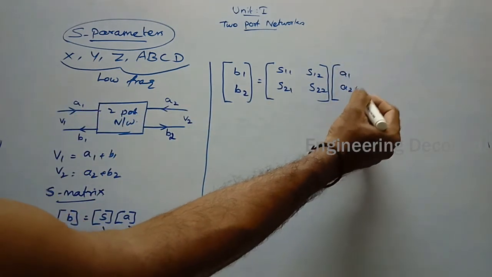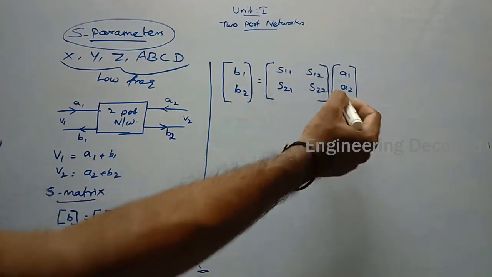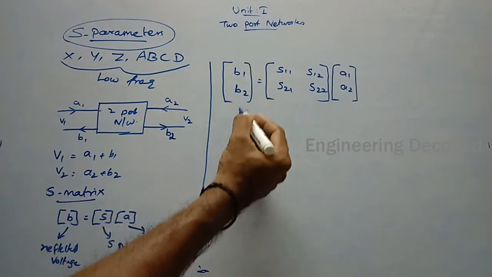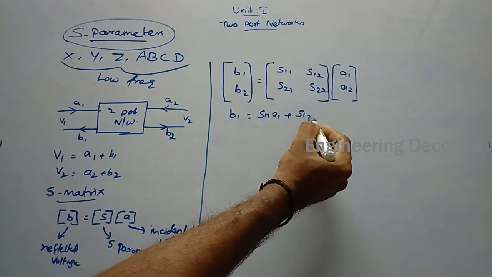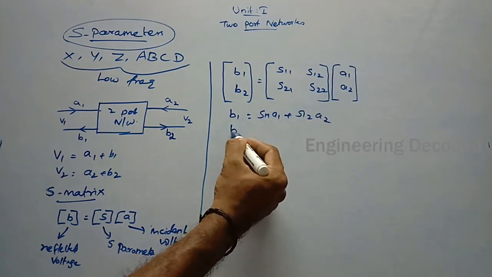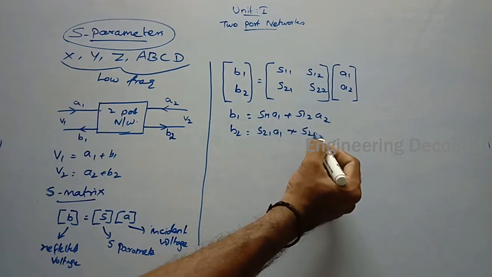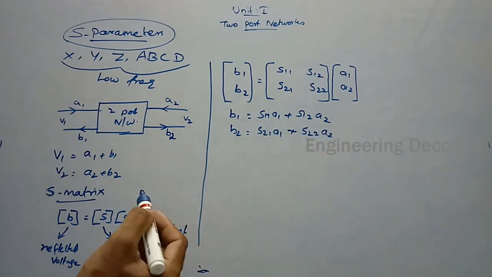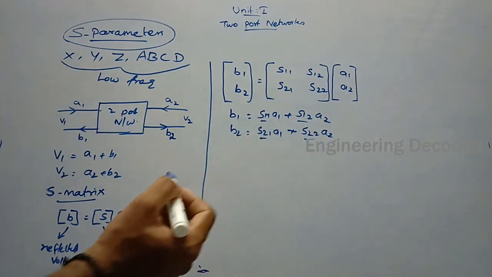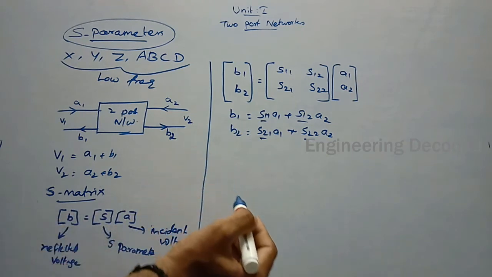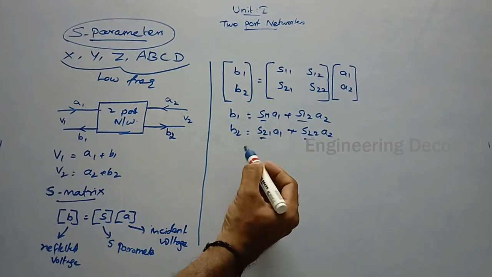Now we can do matrix multiplication and form two equations. B1 is equal to S11 into A1 plus S12 into A2. Similarly, B2 is equal to S21 into A1 plus S22 into A2. Now S11, S12, S21 and S22 are the S parameters. Our role is to find out what is S11, S12, S21 and S22.